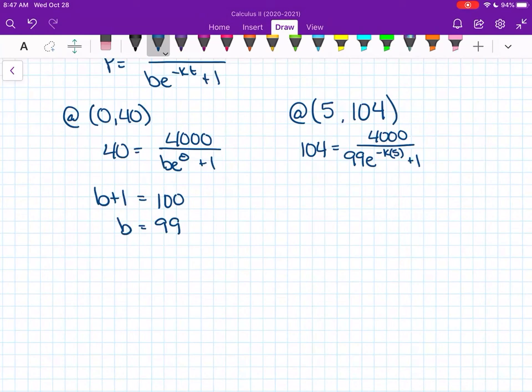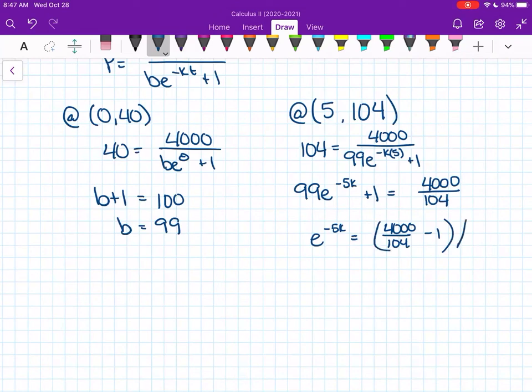I'm going to multiply, and I get that 99 e to the negative 5k plus 1 equals 4,000 divided by 104. Then I'm going to subtract 1 and divide by 99. So I get e to the negative 5k equals 4,000 divided by 104 minus 1, all divided by 99.